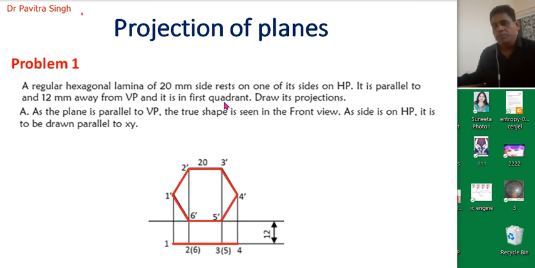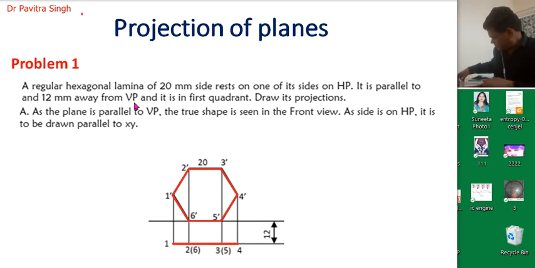It means we have to draw the projections in the first angle. Okay, so actually this lamina is resting on its one side, and suppose this is one side, 6 dash 5 dash. Also it is 12 mm away from the vertical plane.